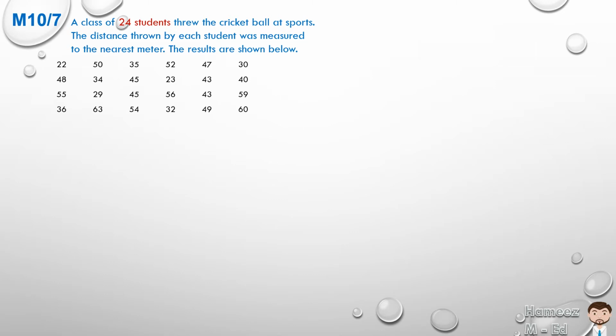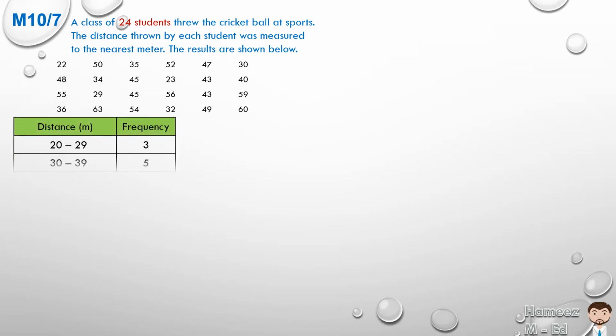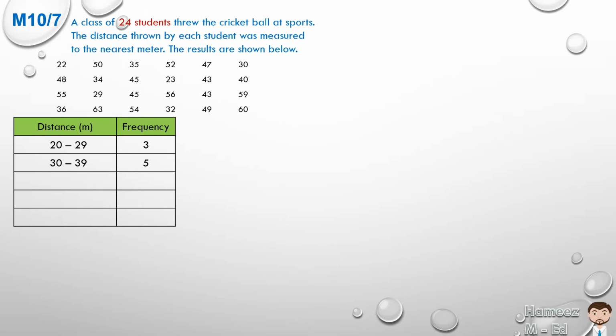And from there, we're given a table with the distance in meters versus frequency. And they've given us the first two class intervals. From 20 to 29 meters, 3 students threw that distance. From the next class interval, 30 to 39, 5 students threw that distance.